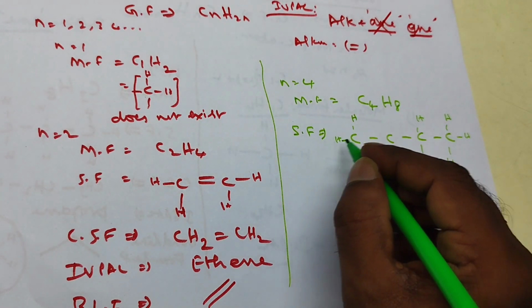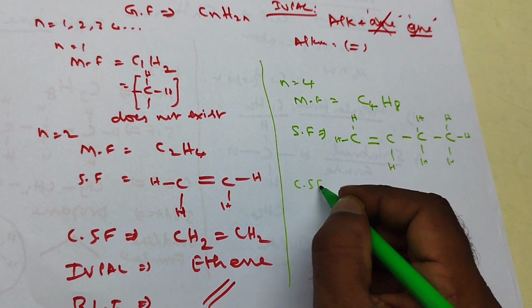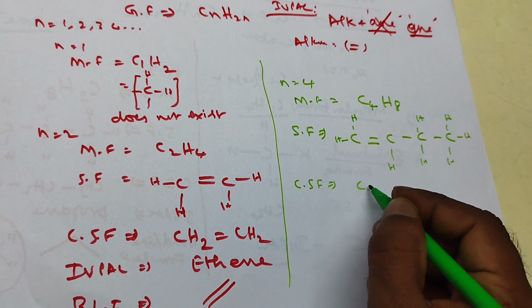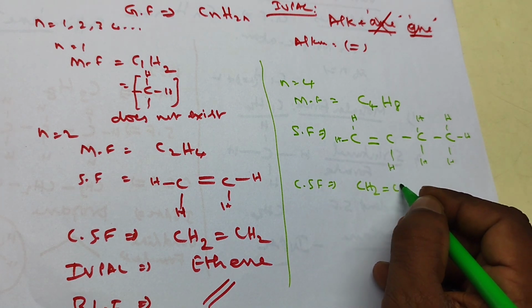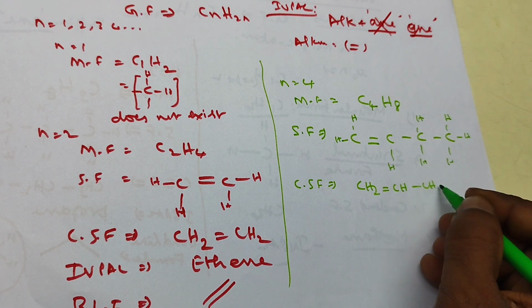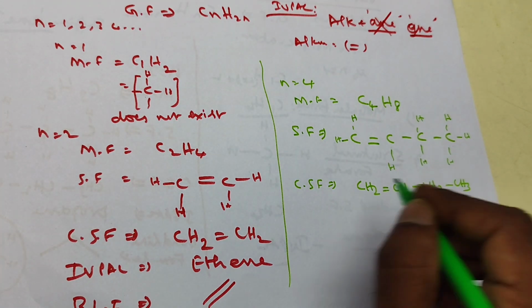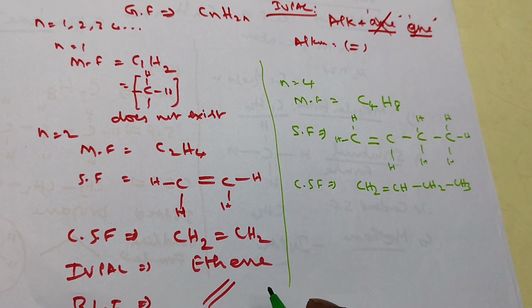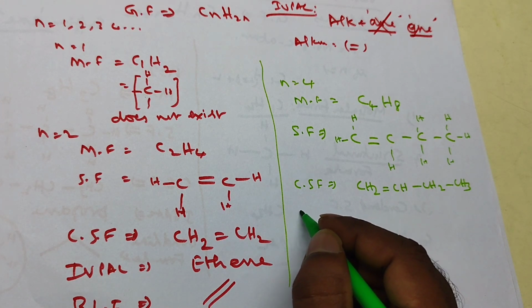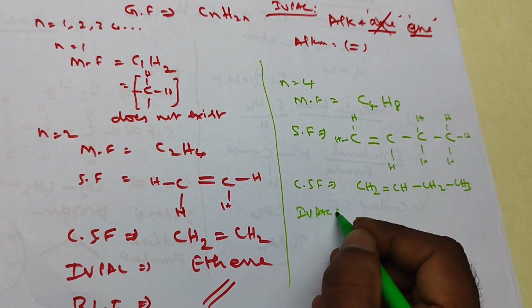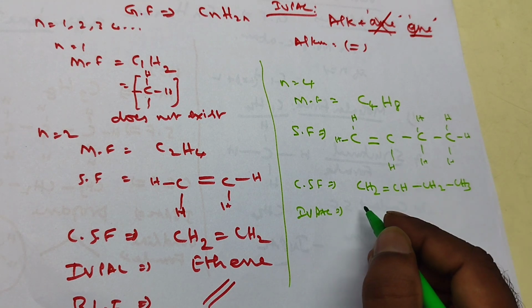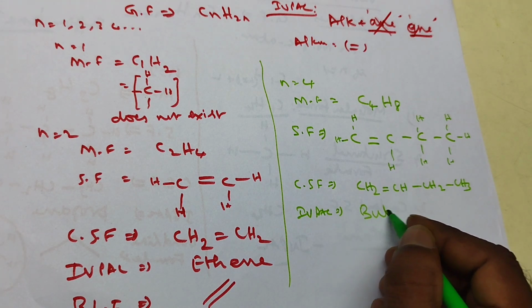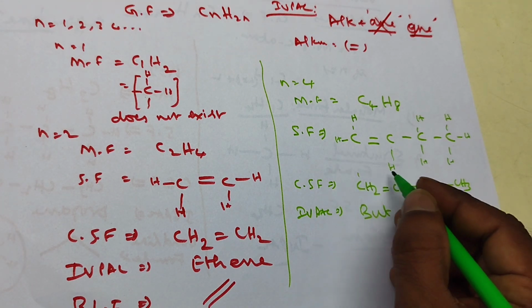3 plus 2, 5, 5 plus 1, 6, 6 plus 2, 8. So the condensed structural formula, how can I write it? CH2 double bond CH, single bond CH2, single bond CH3. This is the way of writing the condensed structural formula. And what is its IUPAC name? 4 carbon atoms, but, and number the carbon atoms.